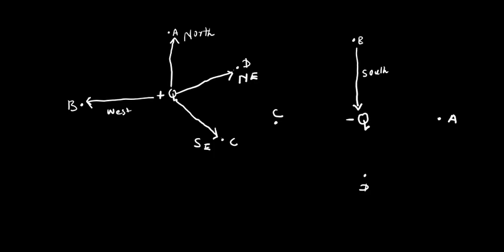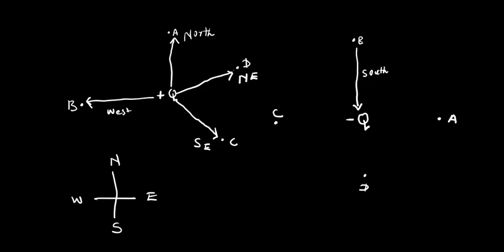Of course, you know about your four cardinal points. This is the east. This is the west. This is the north. And this is the south. So here, the electric field is going to move from B to the charge, that is southwards.